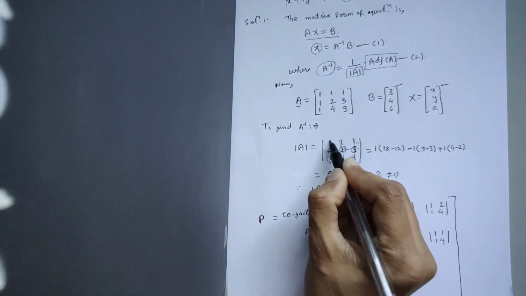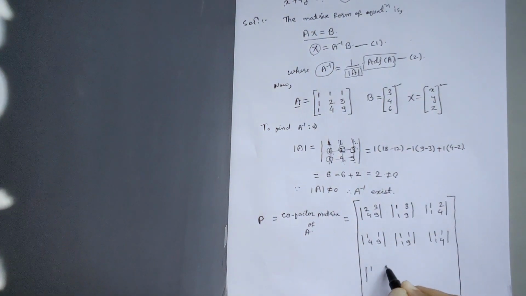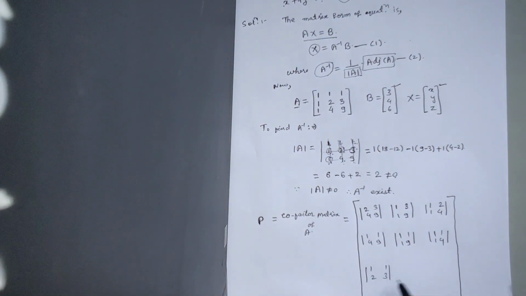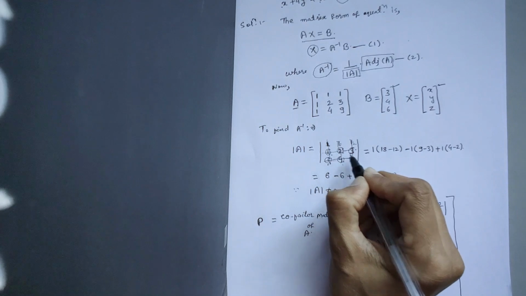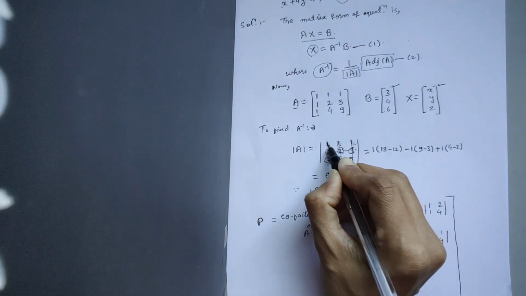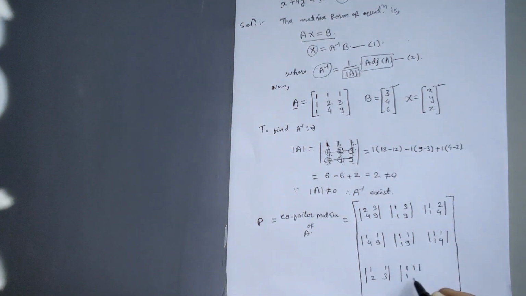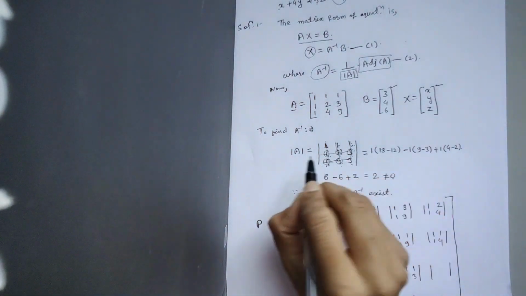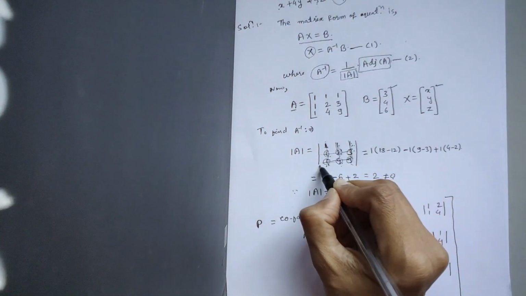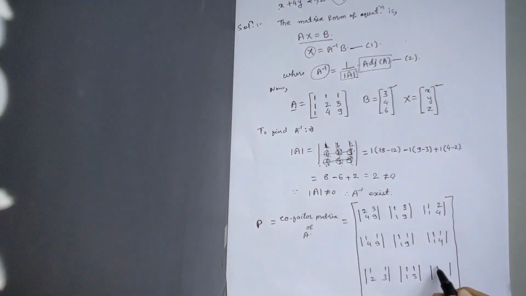Now for the third row, eliminate this. So 1, 1, 2, 3. Next one, eliminate this and this. So 1, 1, 1, 3. Next one, eliminate this. So 1, 1, 1, 2.